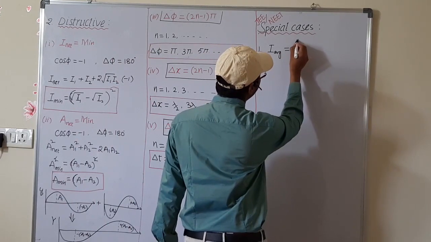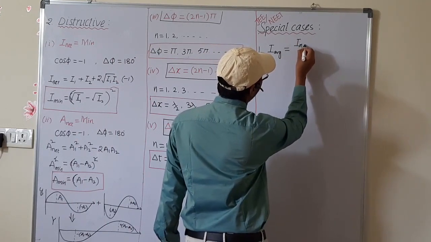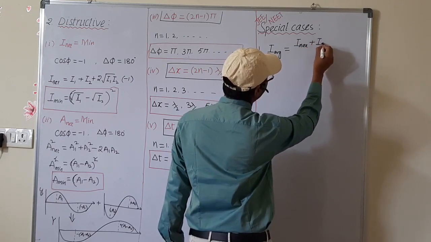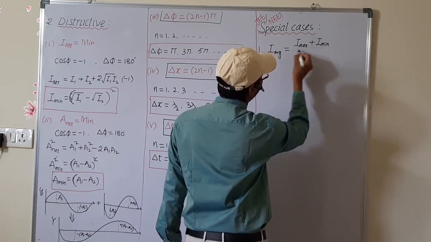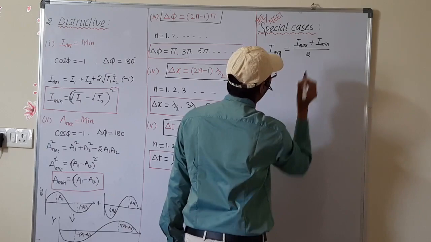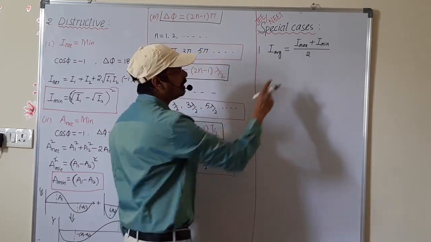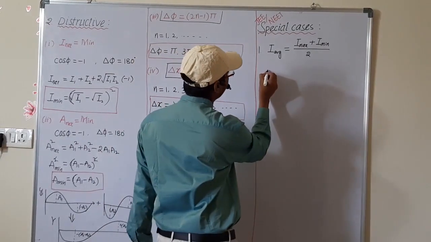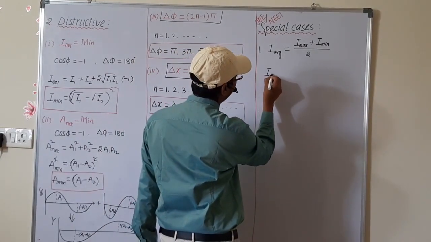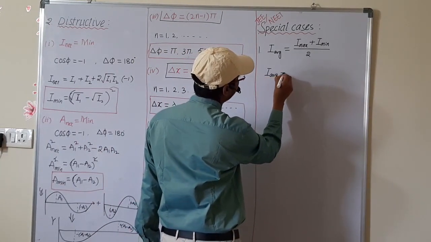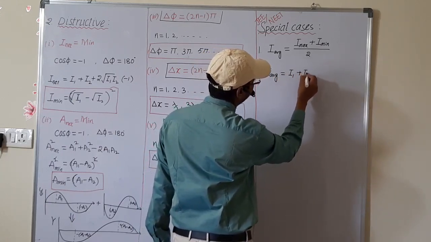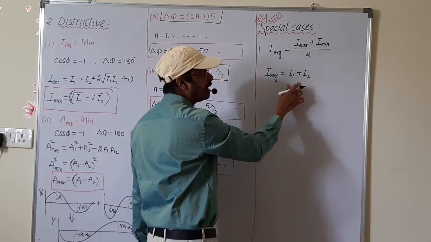If they give the maximum intensity and minimum intensity, that time you have to use this formula. If the maximum and minimum intensity are not given, that time we can use I average equals I1 plus I2, in terms of intensity.